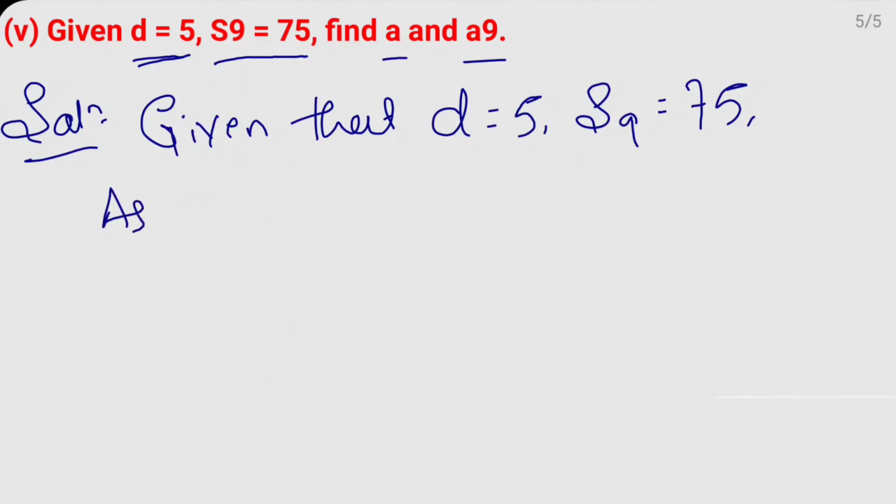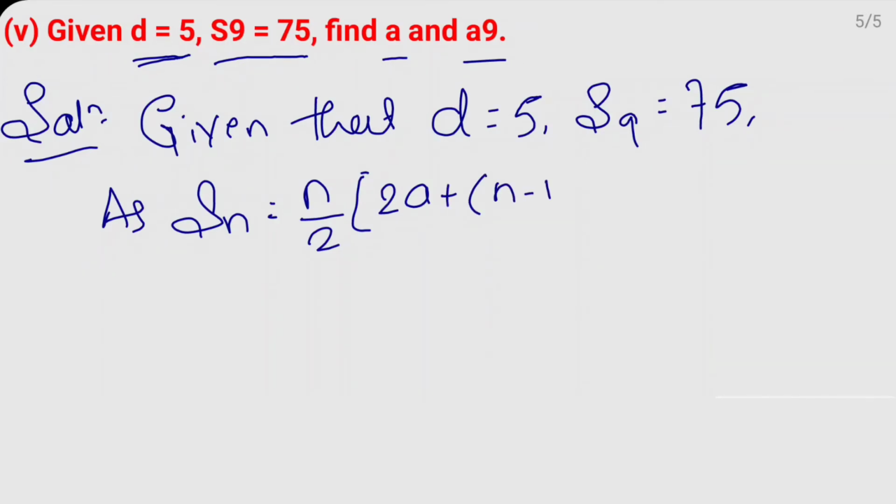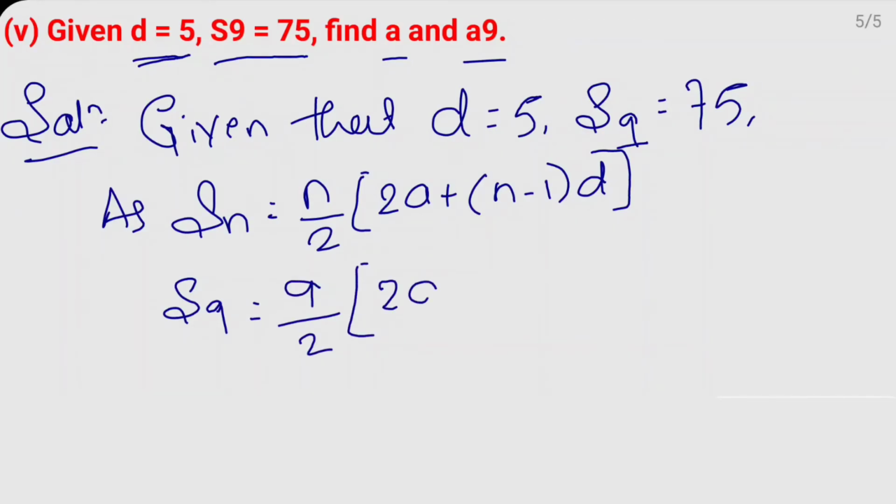So as we know, Sn equals n by 2 into 2a plus n minus 1 into d, right? So here they have given S9. So S9 equals, n is replaced by 9, 9 by 2 into 2a plus 9 minus 1 into d.